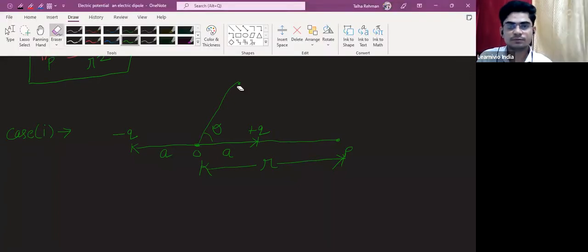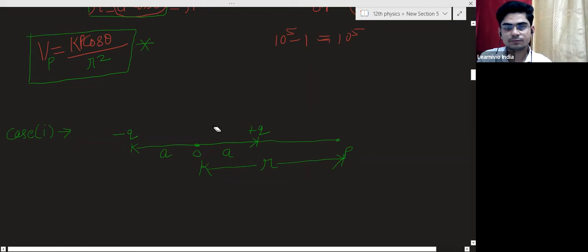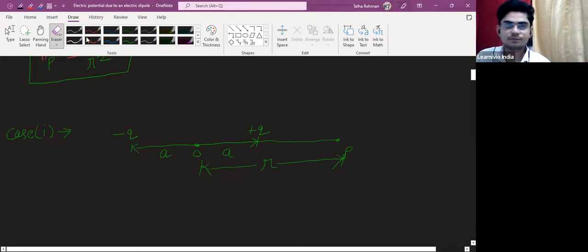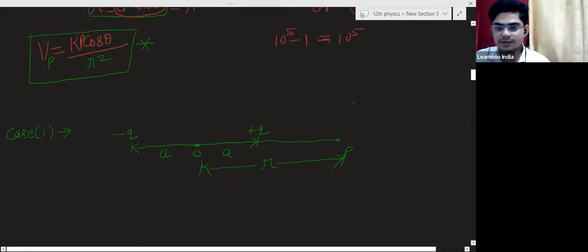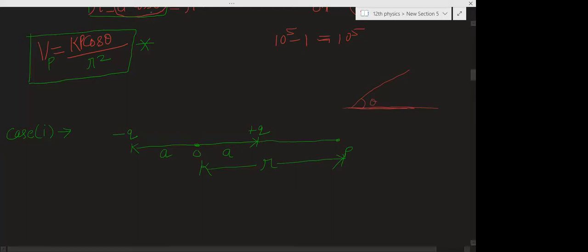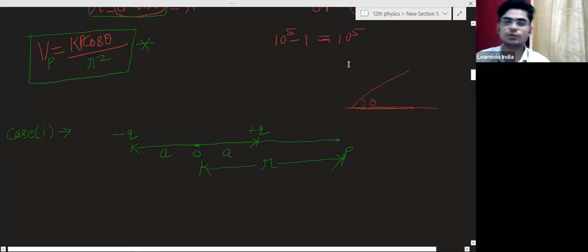Suppose there is a thing like this, and this is like this. If this thing lies down on this plane, you can imagine, what will the angle become? 0. Very good. The angle will become 0 degrees.